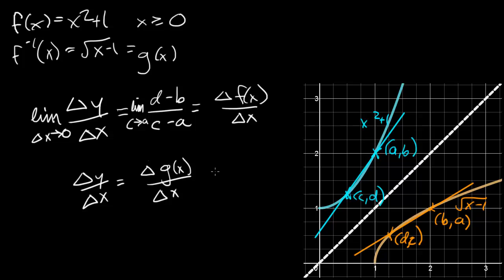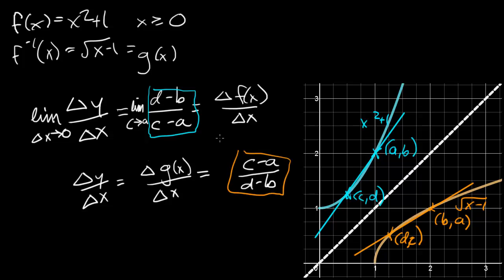And what's delta g of x? Well, that's, again, delta y over delta x. The y's, though, in this case are a and c, c minus a divided by delta x, and the x's are d and b, so d minus b. Do you notice what these slopes look like? Here's the slope for f of x, and here's the slope for g of x. They're reciprocals. That is, the slope of g of x is 1 over the slope of f of x.